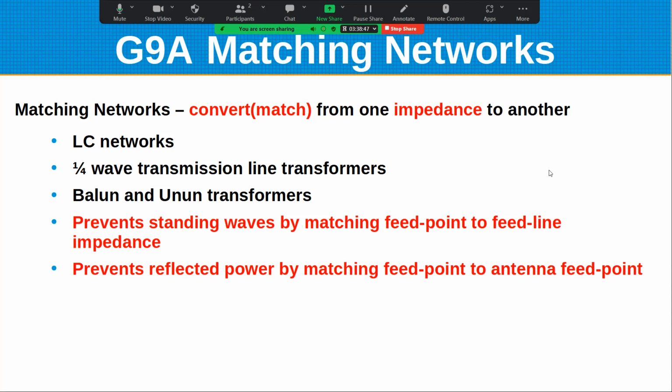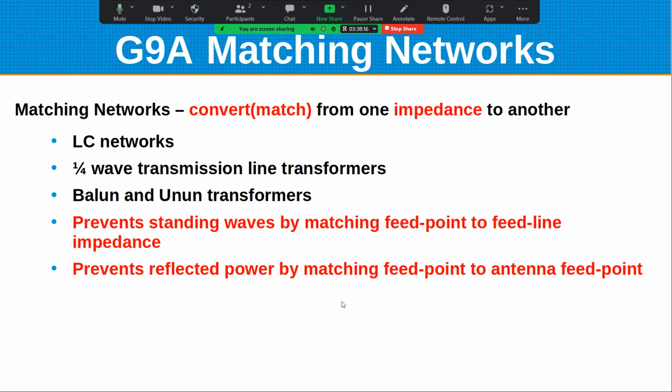The main purpose is to try to prevent the standing waves, so reduce your SWR, and prevent the reflected power coming back, because that is power that's not getting to the antenna. It turns out that a little bit of it may, because as it's reflected back, some of it's lost in the transmission line coming back, just like some of it was lost going out.